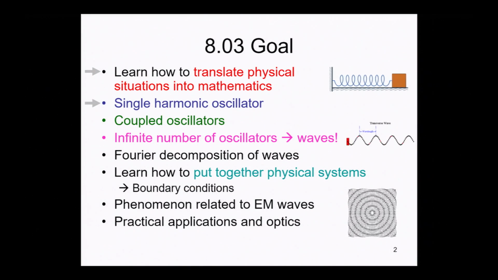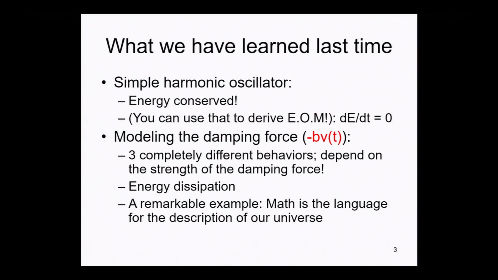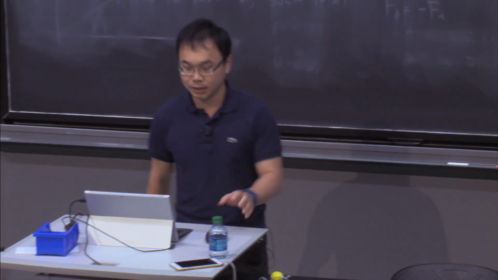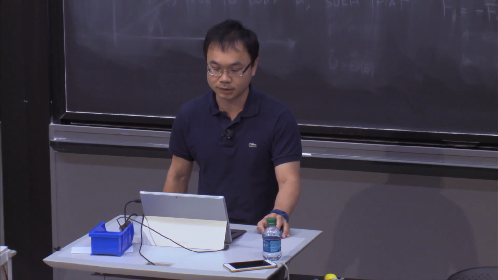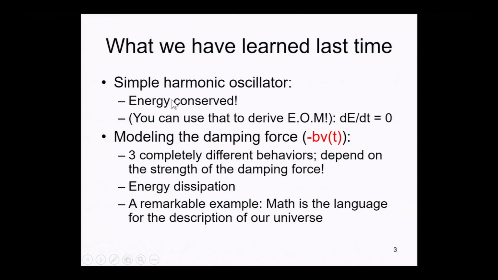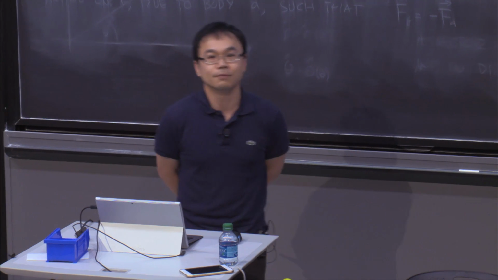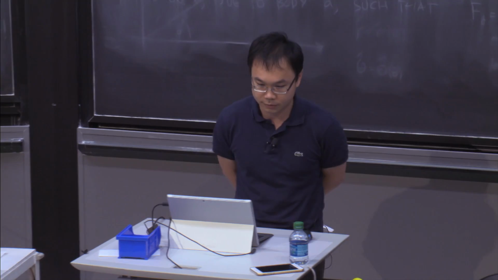Okay, so what have we learned last time? Last time we went over an example, a simple harmonic oscillator. It's a rod fixed on the wall, and you can go back and forth. We also introduced a model of the drag force or drag torque, proportional to the velocity of the motion of the single particle.